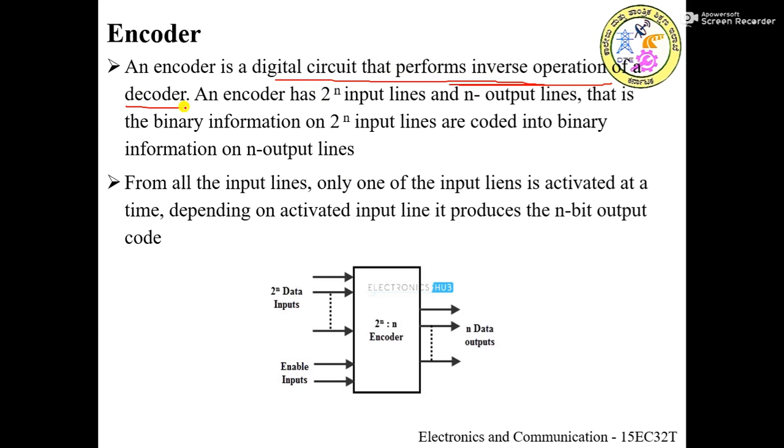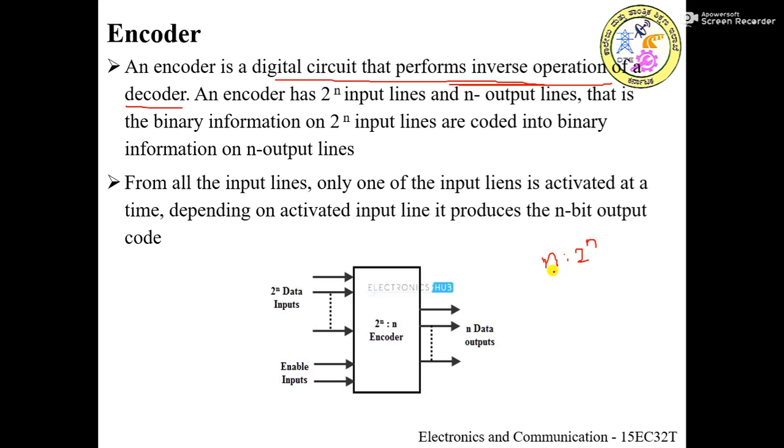So what was the decoder doing? The decoder system was represented by the notation n is to 2 to the power of n, meaning it is going to have n inputs and 2 to the power of n outputs.